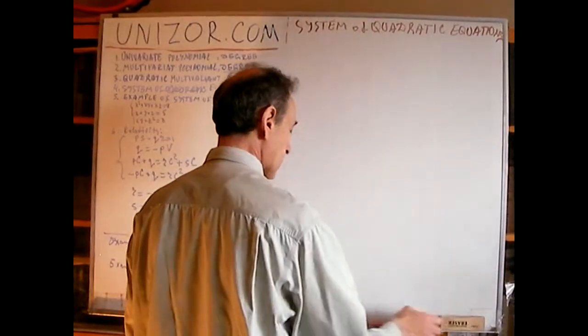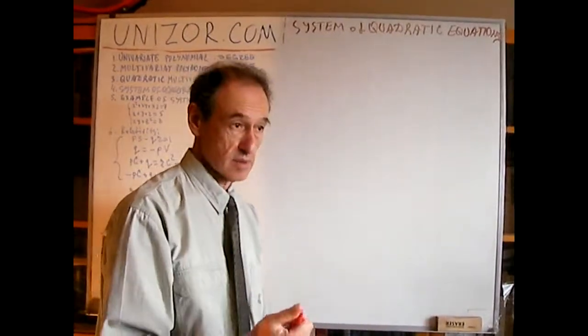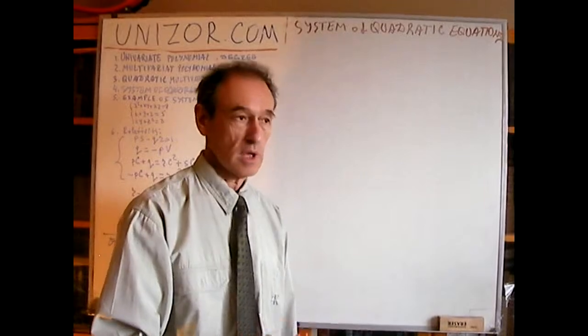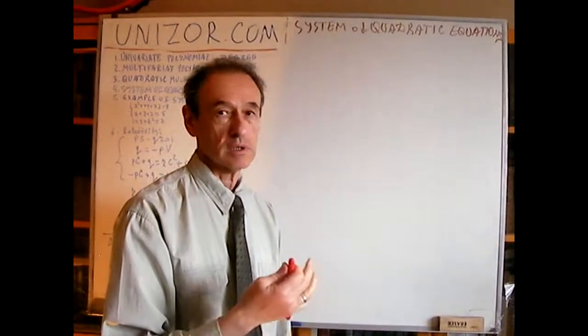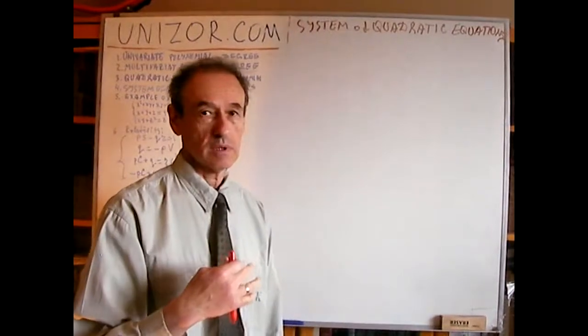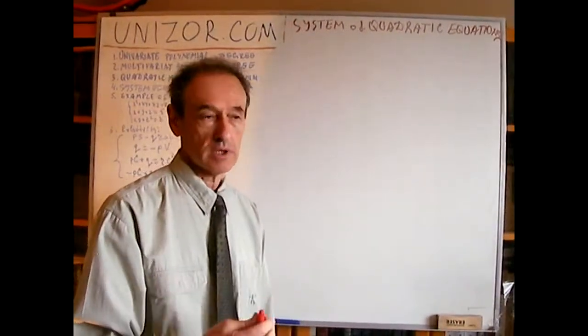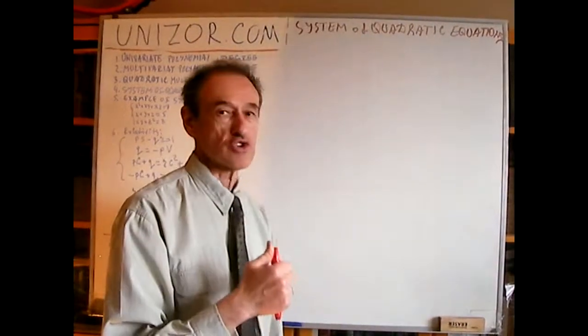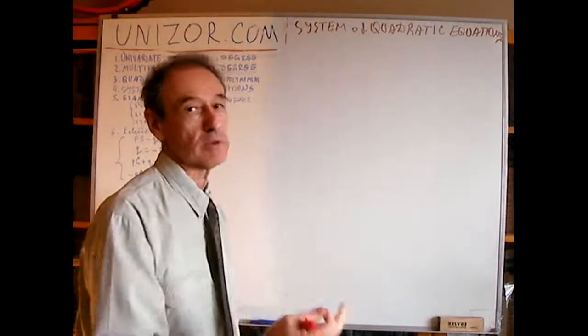Now, obviously, the system of quadratic equations is a system, which means more than one equation. Each one of them contains quadratic or less than quadratic, which is actually a linear polynomial. But at least one equation in the system must contain the quadratic polynomial for the whole system to be quadratic.